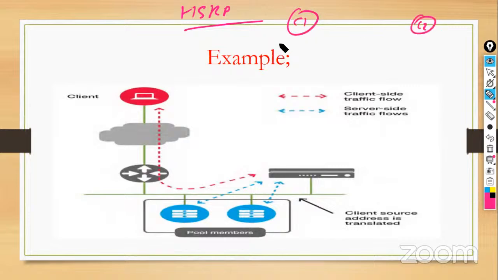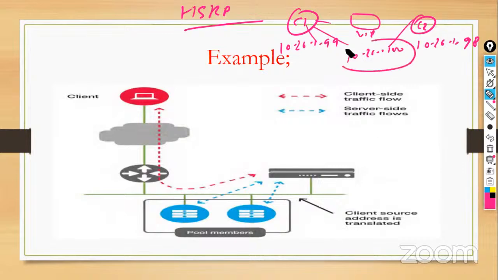Here we have 10.26.1.99, here we have 10.26.1.98, and here we configure the virtual IP, which is the HSRP, 10.26.1.100. This is just the virtual IP. Every backend server has the gateway as only your virtual IP. This is the same as HSRP, and we use the floating IP here.